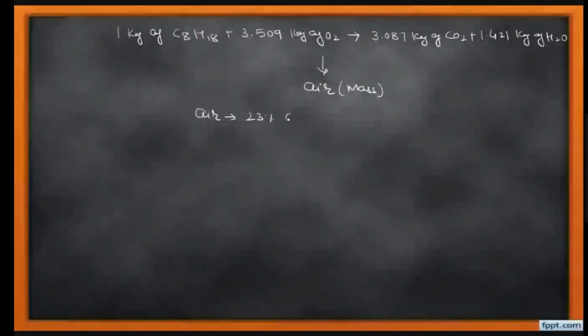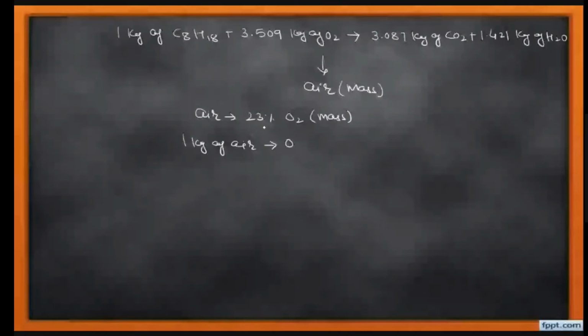Means 1 kg of air has only 0.230 kg of O2. So here we require 3.509 kg of O2.